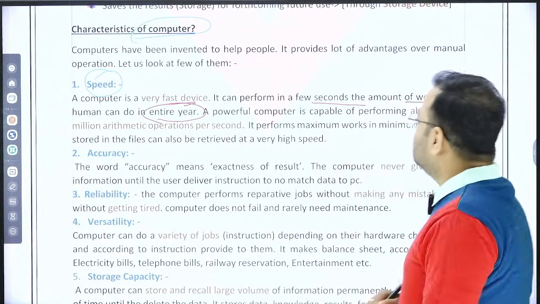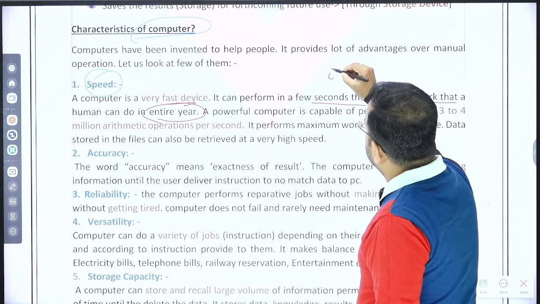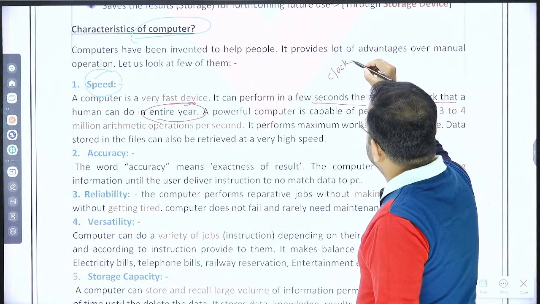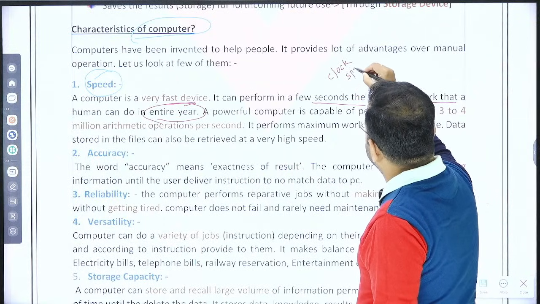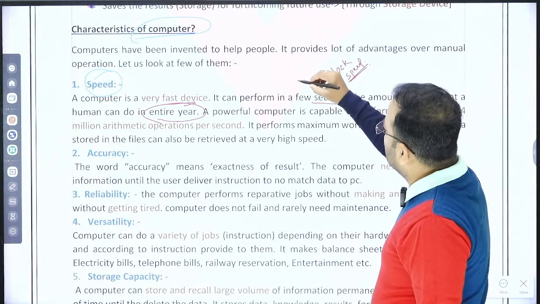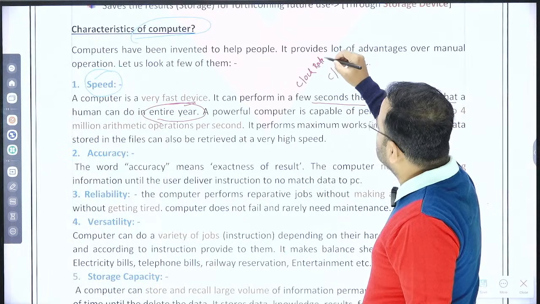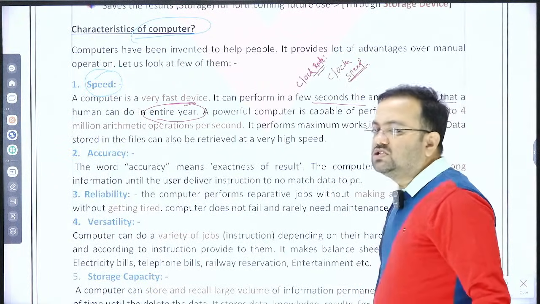So relevant to the speed, first term is, students remember, the clock speed. CLOCK, clock speed. So what does clock speed mean here, or we can say clock rate. CLOCKRATE, clock rate. So what does clock speed or clock rate mean?